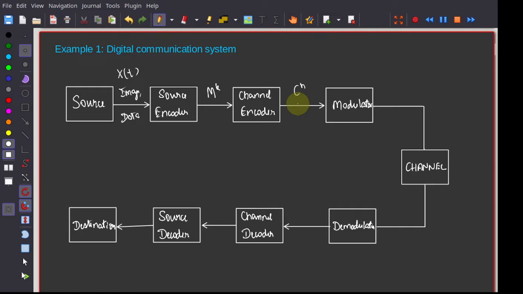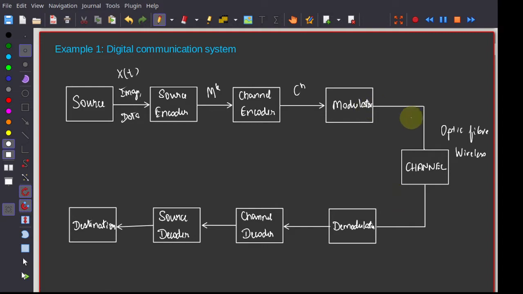the medium. This medium could be an optical fiber. It could be free space. It could be a wireless channel. It could be a wired channel, some coaxial cable. Again, it's immaterial.